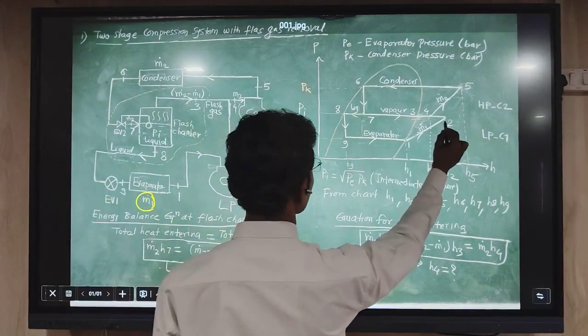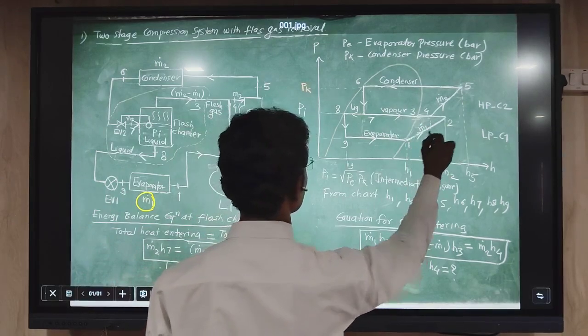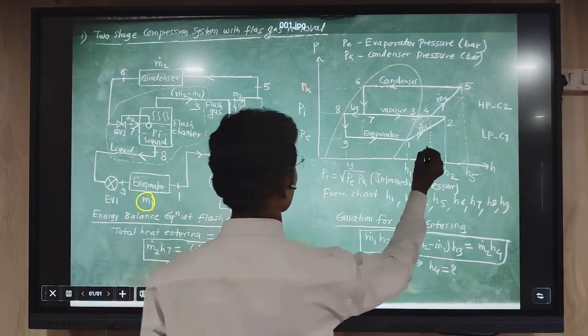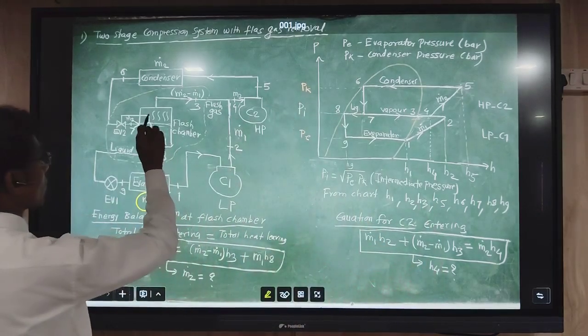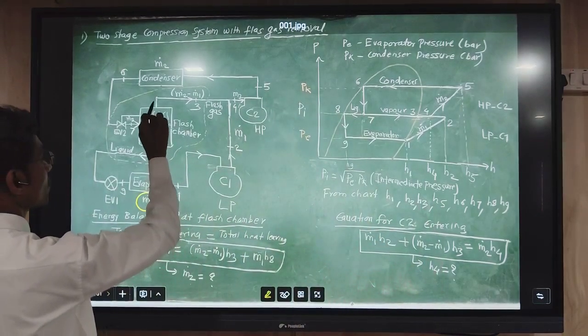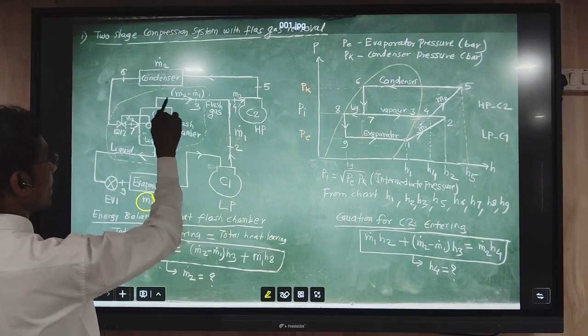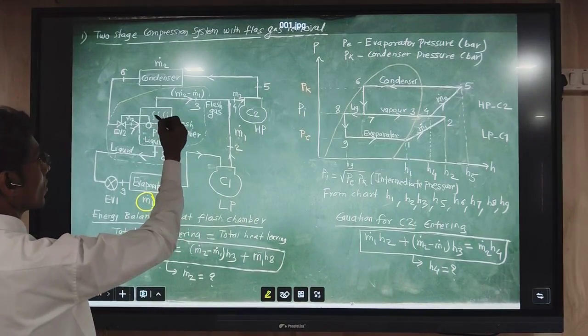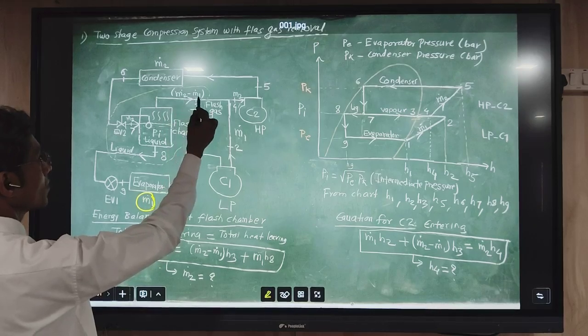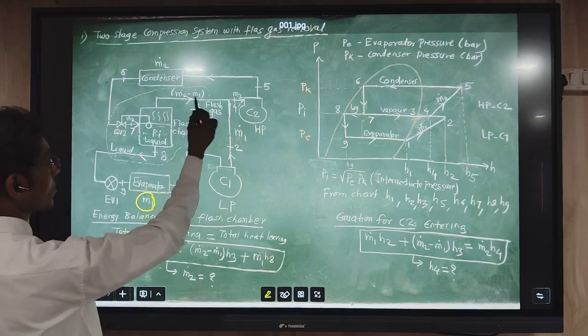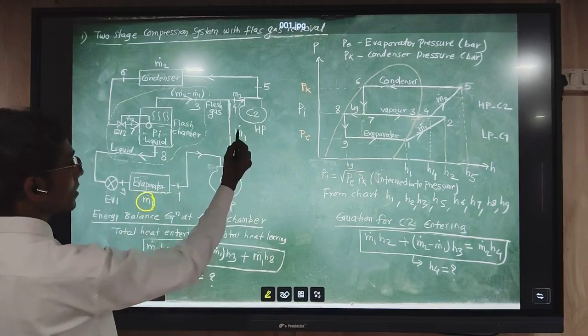So 1 to 2, this is the mass flow rate passing through compressor number 1. And from the flash chamber, the mass flow rate coming out is a vapor removal, that is why it is m2 dot minus m1 dot. This vapor is mixing with m1 dot.